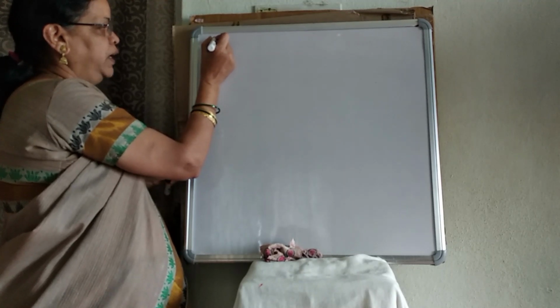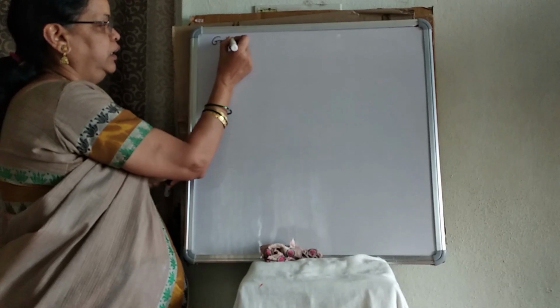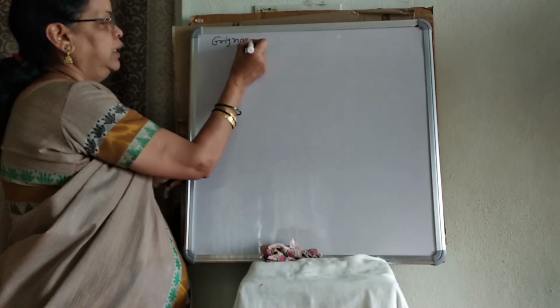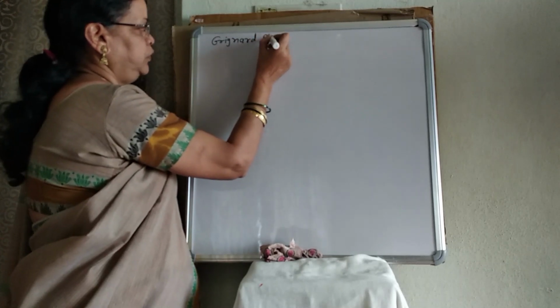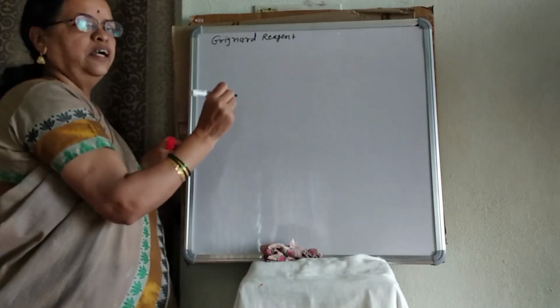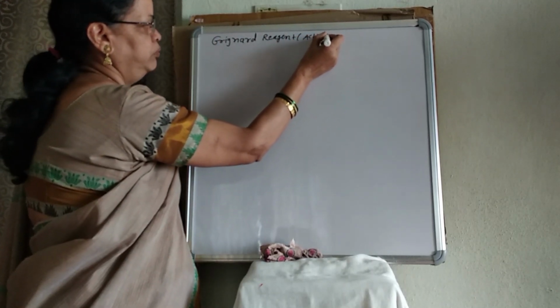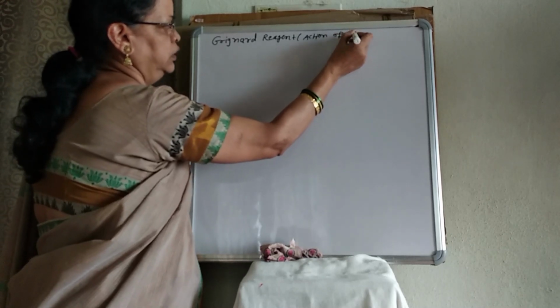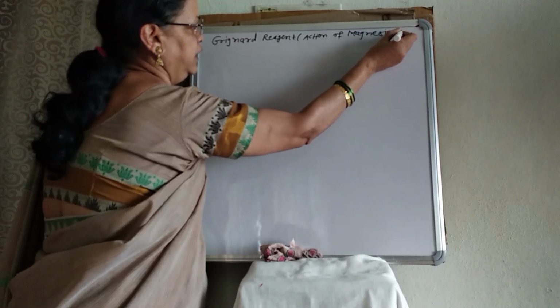It is formed by the action of magnesium metal on alkyl halide or also aryl halide. So here you can say Grignard reagent, or action of magnesium on alkyl halides or aryl halide also.